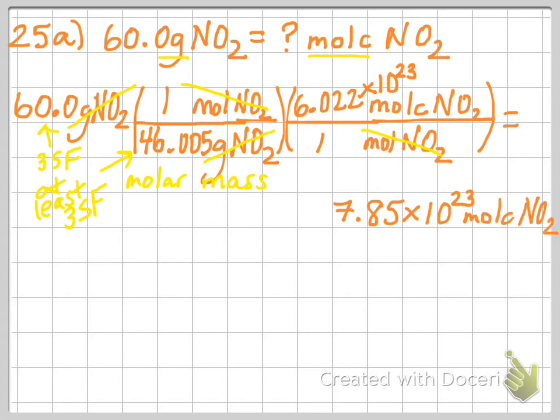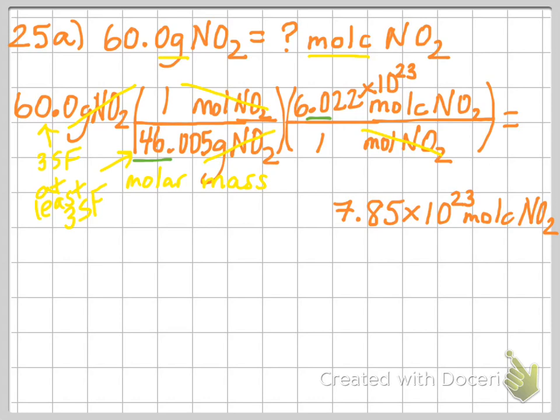Again, for those of you who struggle with using a calculator, because 46 is in the denominator, remember that means I'm going to have to divide by it. And because Avogadro's number is in the numerator, remember that means I'm going to have to multiply by it. The order of multiplication and division doesn't matter.